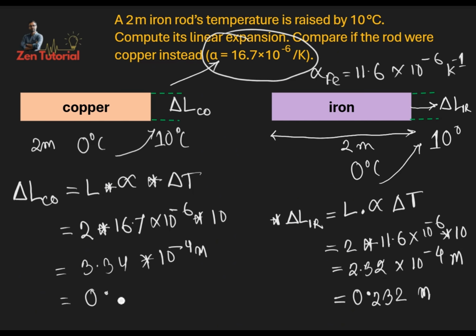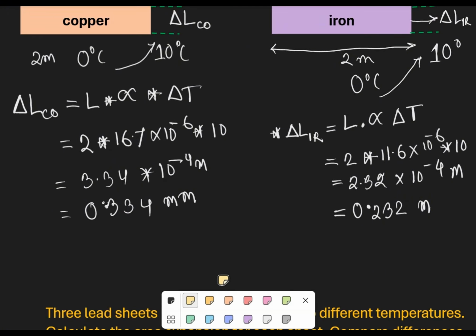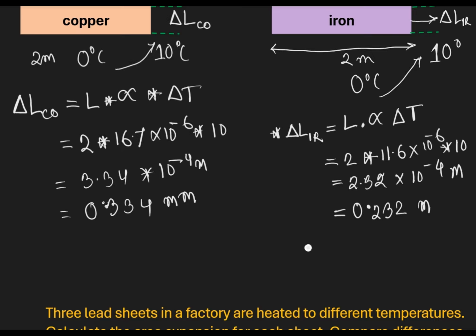So we could write down 0.334 millimeter. So the value for copper is more than for the iron.